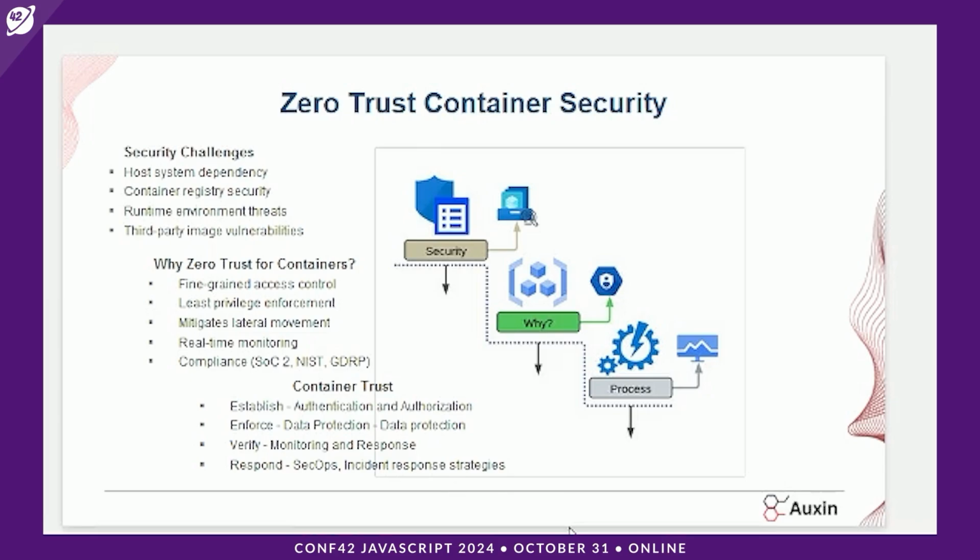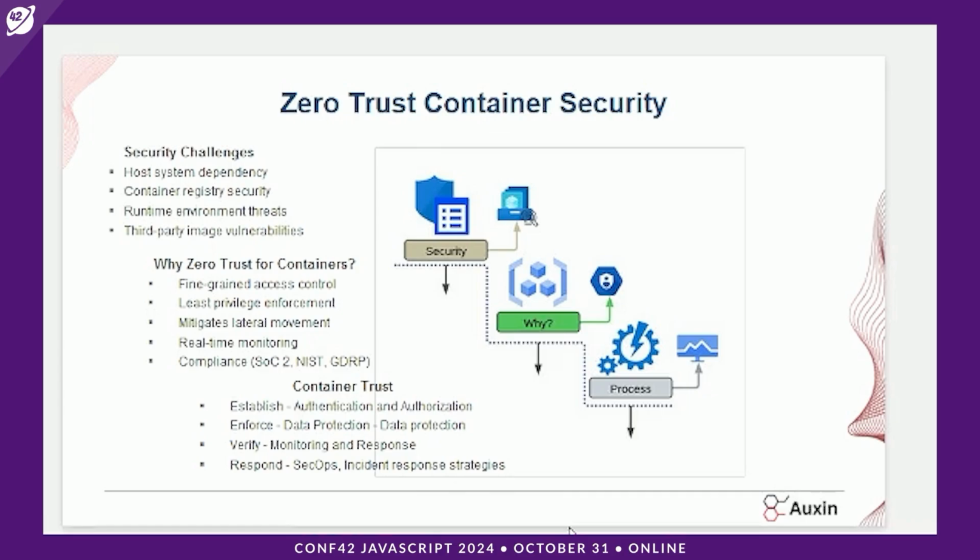Another issue is securing the container registry, as the images used to create containers may have vulnerabilities. Additionally, containers can be attacked while running if they are not well protected, and using third-party container images can introduce security flaws. This is why zero trust is crucial for containers.